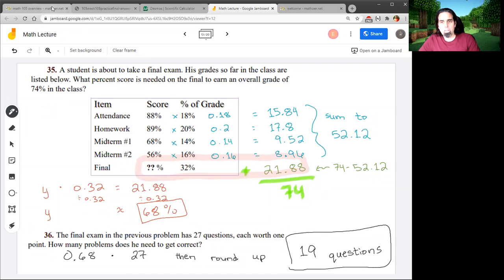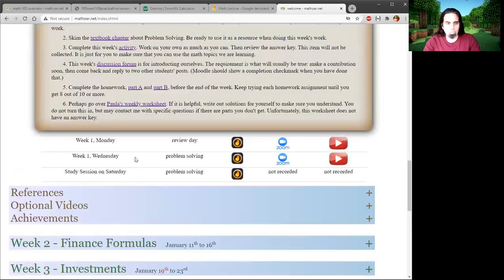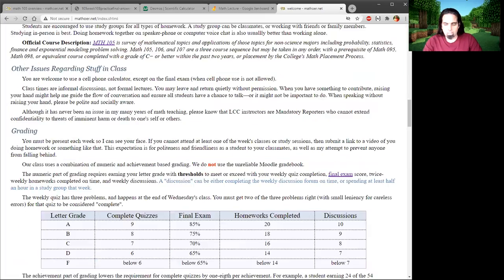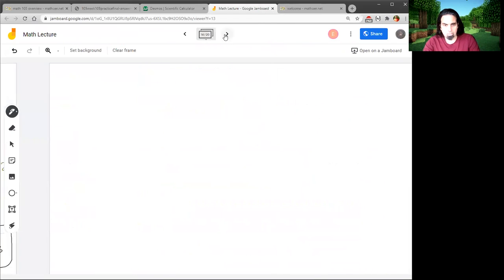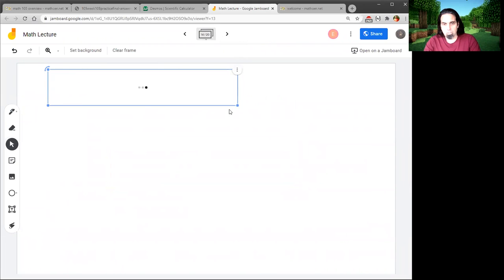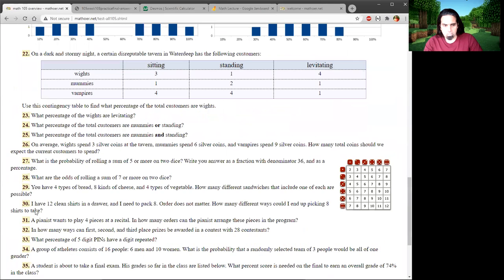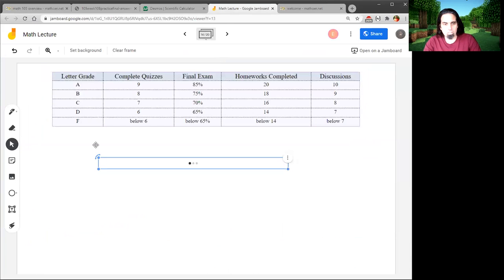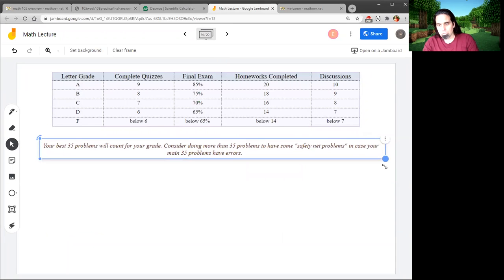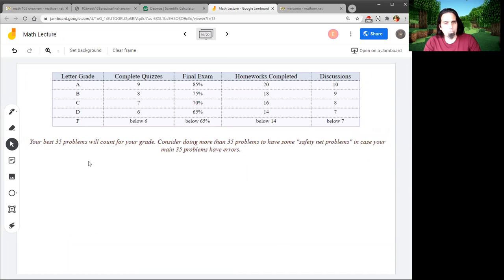Tangentially, what do we need? So according to our chart, here's how you are graded in our class. And the top of the test says that your best 35 problems count. You can do the extra 2 because there's 37 on the test, but those are just kind of your backups, your extra credits, your top 35 credit.